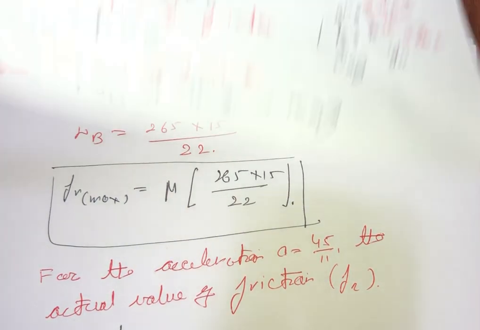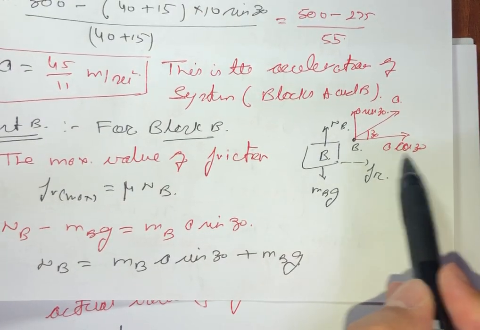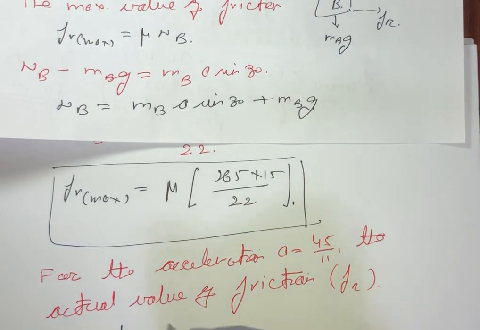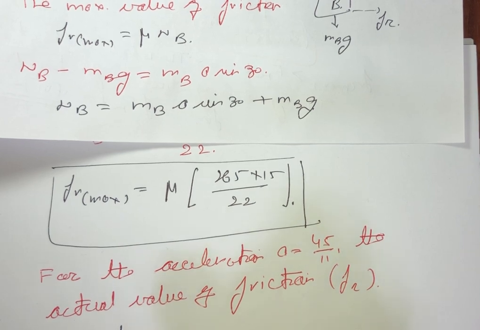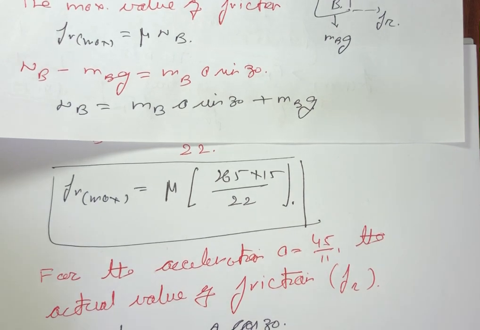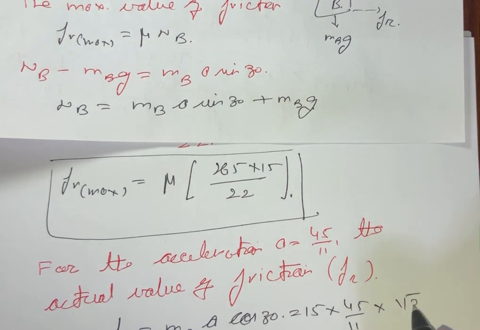Fr will be equal to mass MB multiplied by A cos of theta, so MB A cos 30. We substitute the values. MB is 15 and A is 45 by 11 and cos of 30 is root 3 by 2.